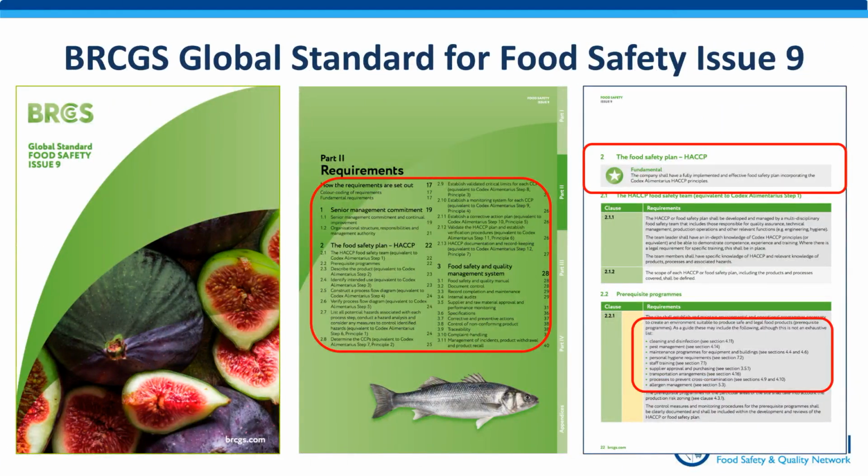For BRC, Global Standard for Food Safety, the company shall have a fully implemented and effective food safety plan incorporating the Codex Alimentarius HACCP principles. There's also a requirement in there for prerequisite programs. The site shall establish and maintain environmental and operational programs necessary to create an environment suitable to produce safe and legal food products.